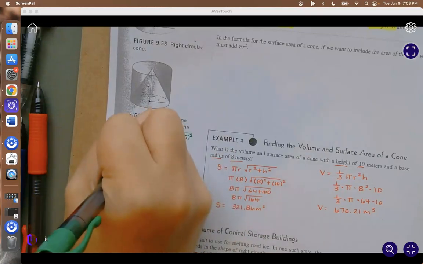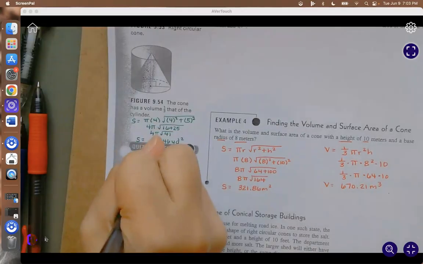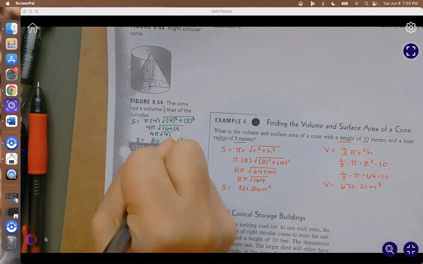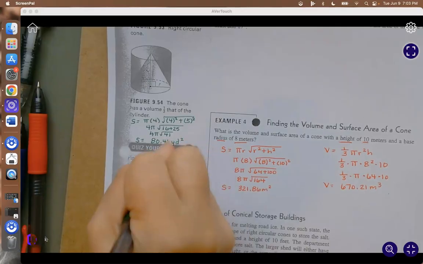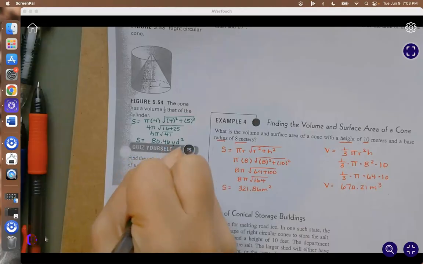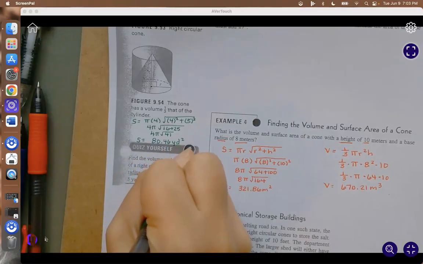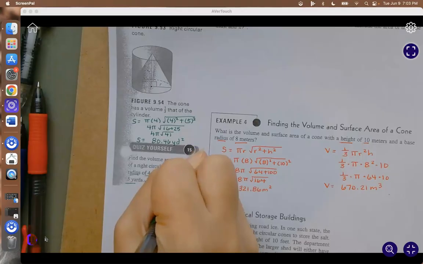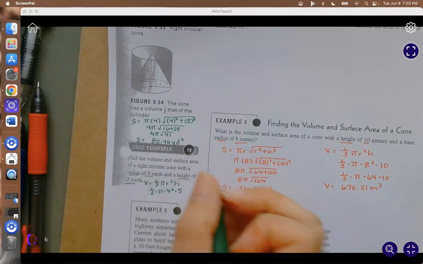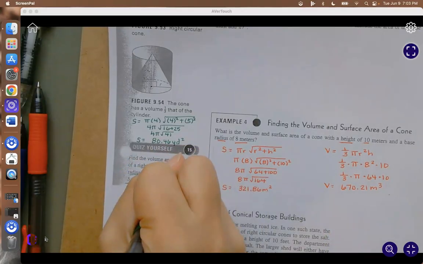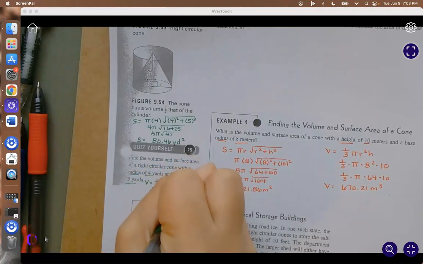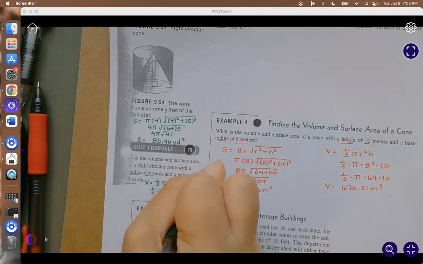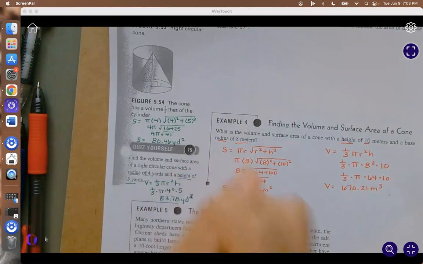And that's your surface area. Your volume, 1/3 pi r squared h. So 1/3 times pi times 4 squared times 5. Type all that in at one time, and you get 83.78 cubic yards.